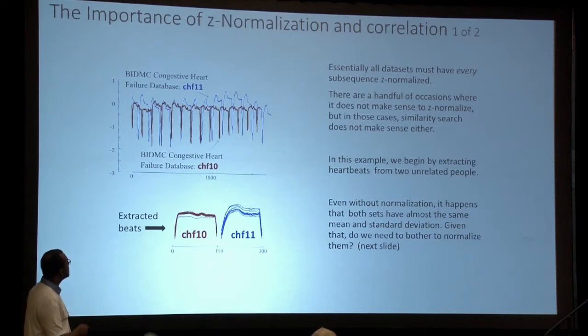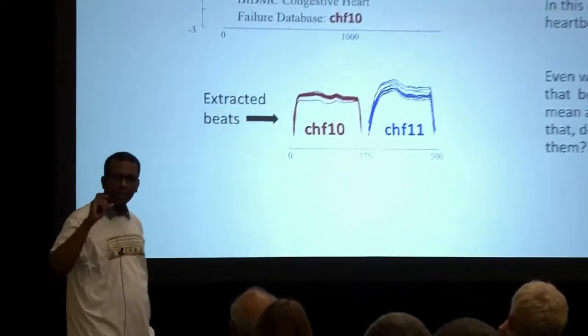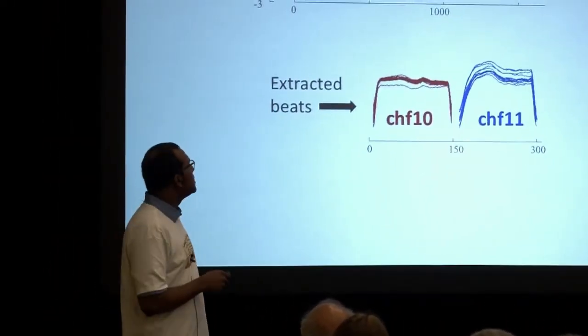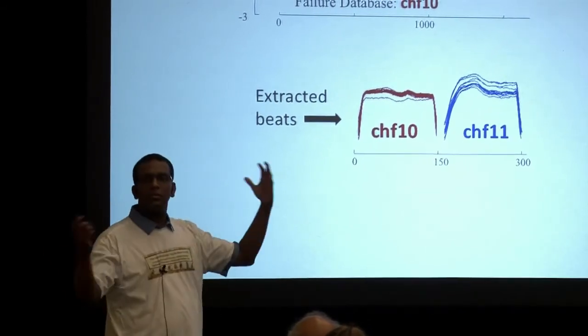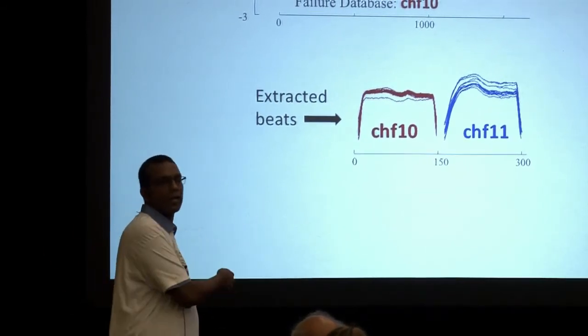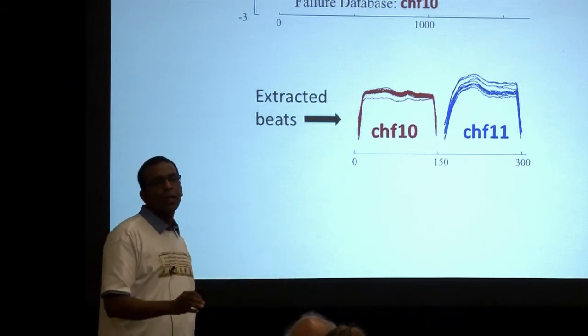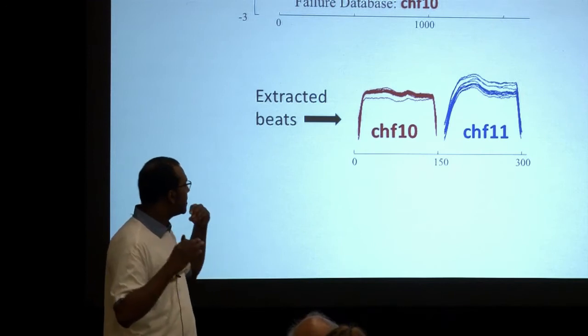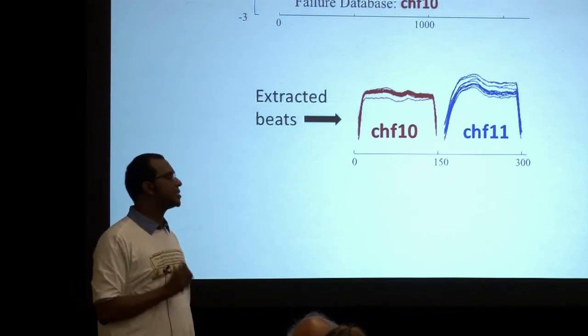So the red one and the blue one, you can see that their means are relatively the same, while this one has a little bit larger standard deviation, and this one has a little less. So from this, you can claim that, OK, if I want to do a classification task, I don't need to normalize them, because their means and variances are very similar. I can just use them as they are and do, say, a clustering task.